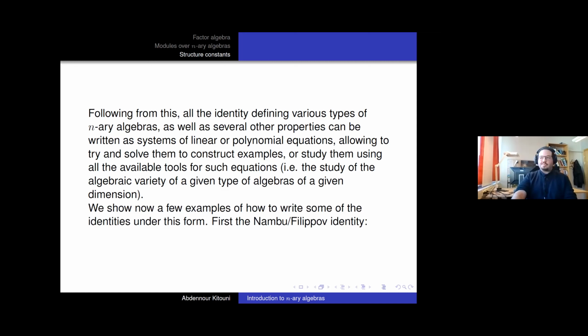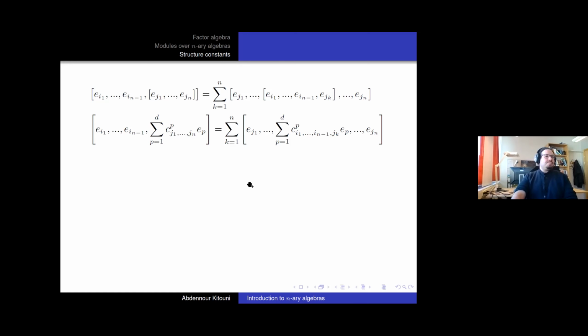So now I will show how to get these equations, how this works. So the first example that I will take is the Filippov identity. So I begin with this identity in this form, only using elements of the basis, which is sufficient in this setting, because all the brackets or multiplications are multilinear.